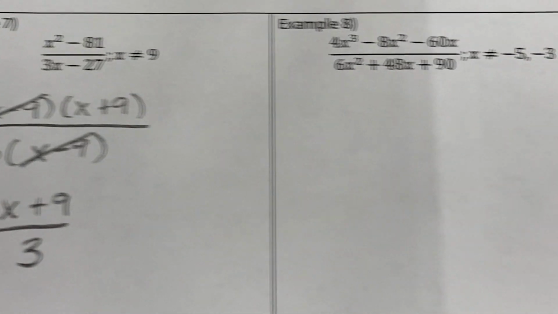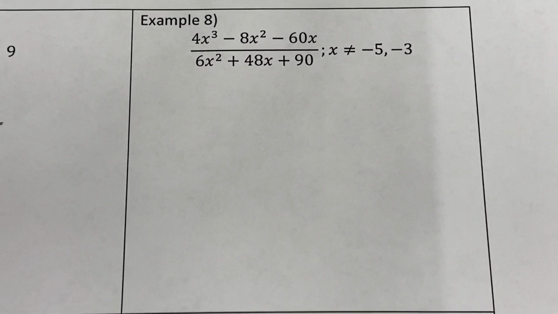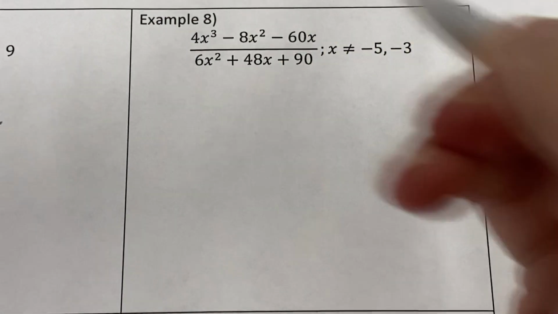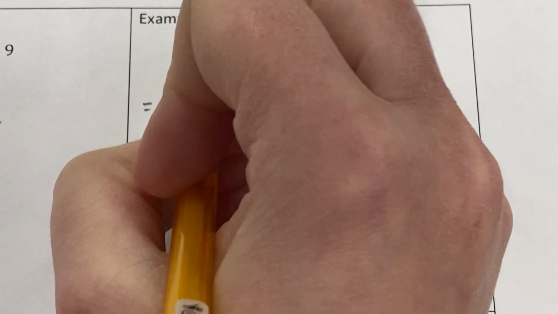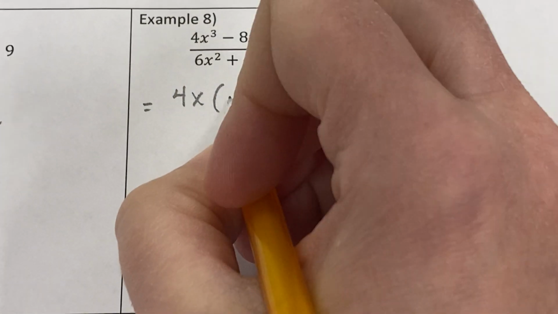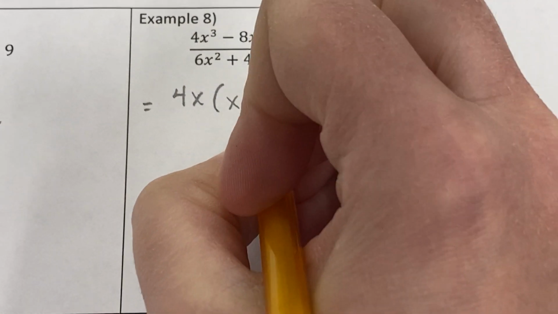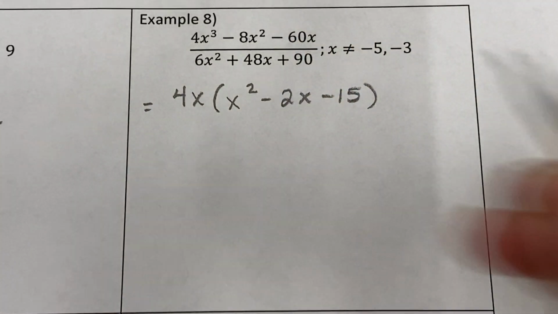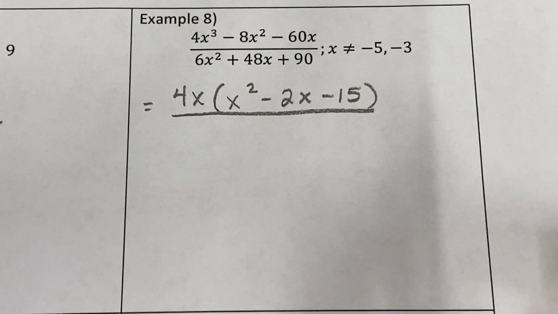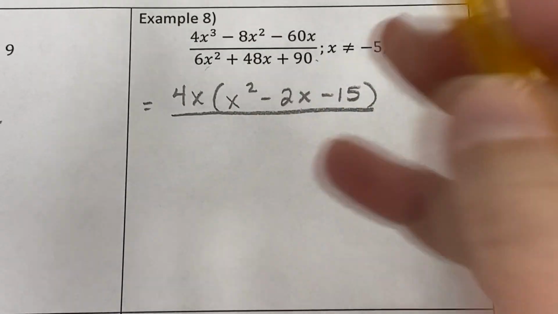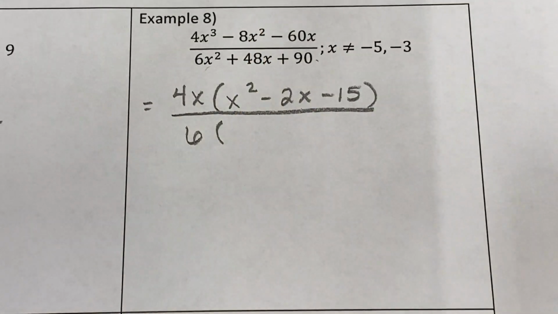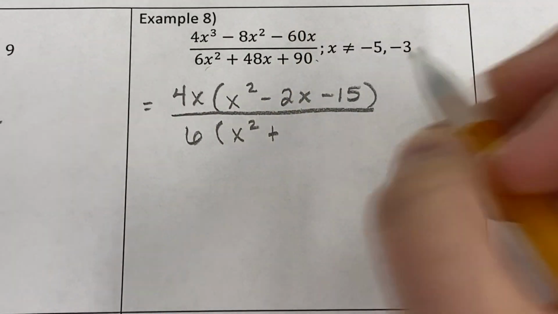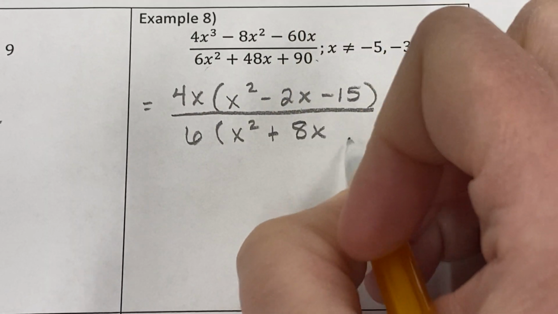Okay. Example 8. In the numerator, I have a GCF of 4x. So then that gives us x squared minus 2x minus 15. In the denominator, we have a GCF of 6, which leaves us with x squared plus 8x plus 15.